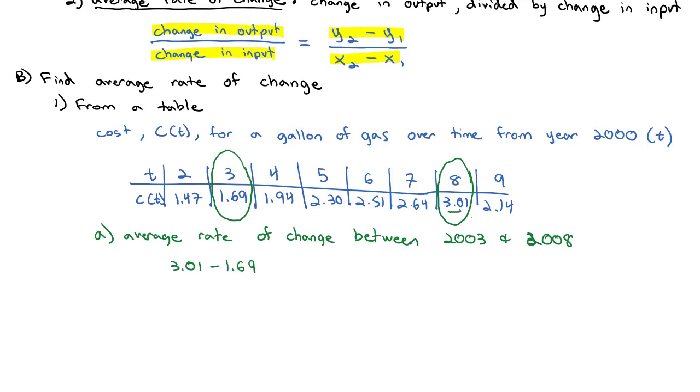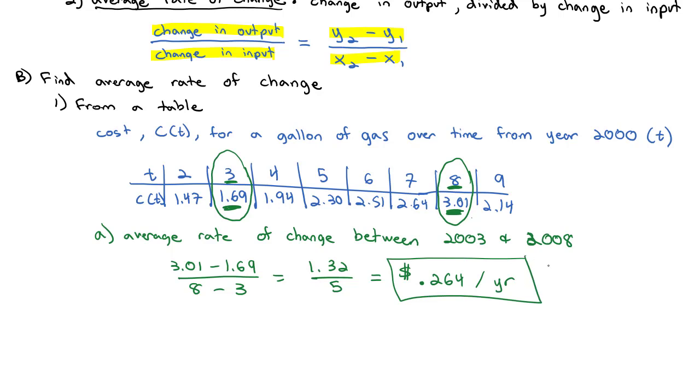That's going to give me the change in output. And then we'll divide by the change in the inputs, 8 minus 3. And when I do that, we'll get 1.32 divided by 5, which gives us an average change of $0.264 per year. So on average, between 2003 and 2008, gas went up 26.4 cents per year.